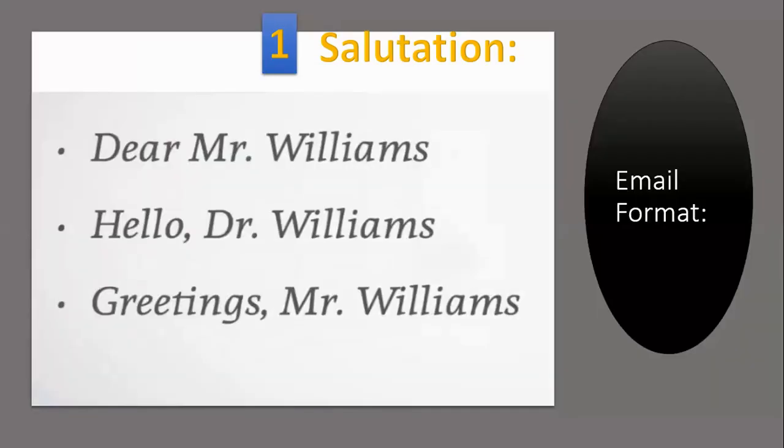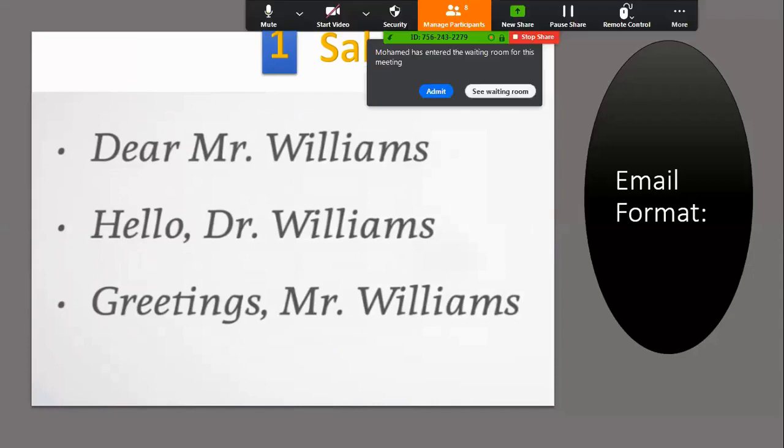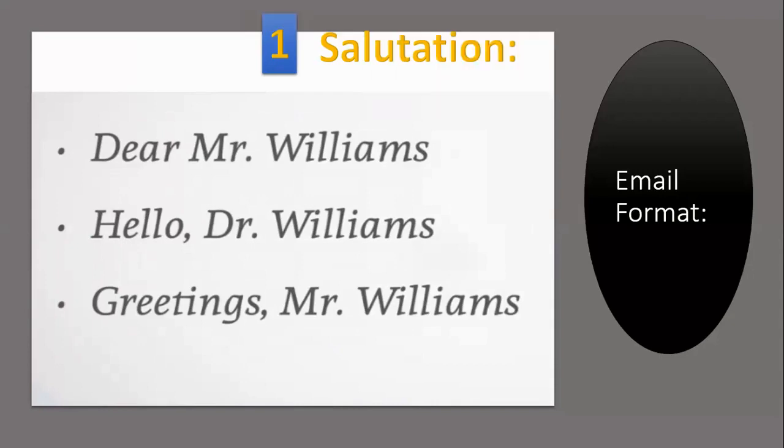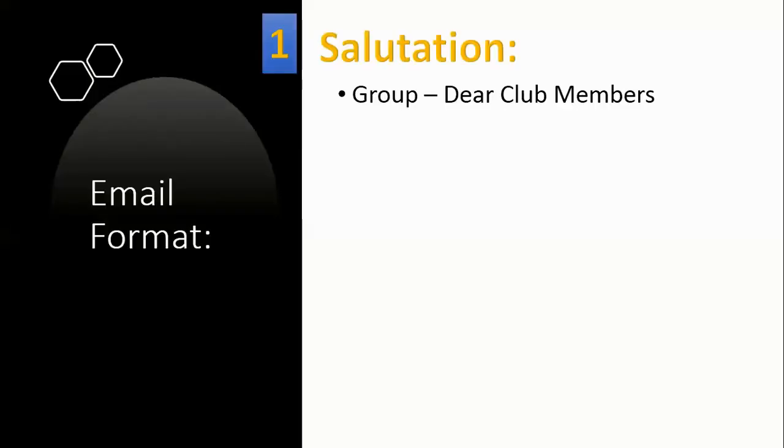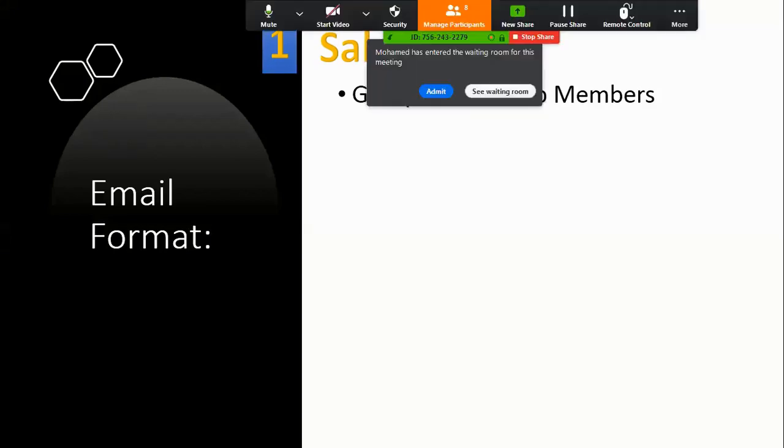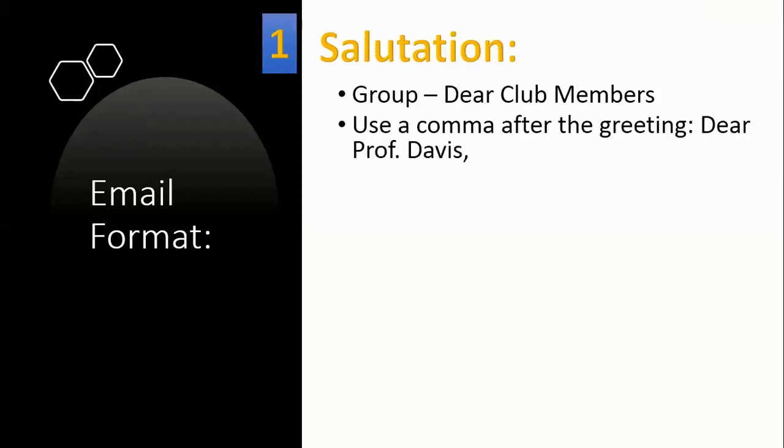You can say, Dear Mr. Williams, Hello, Dr. Williams, Greetings, Mr. Williams. Salutation. Group: Dear club members. Use a comma after the greeting. For example, Dear Prof, which is Professor Davis, comma.